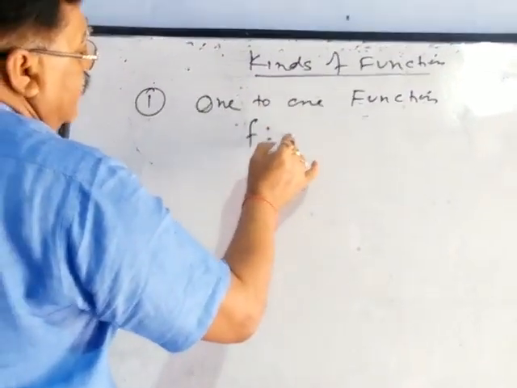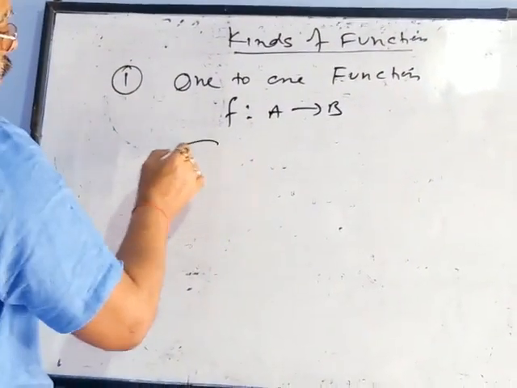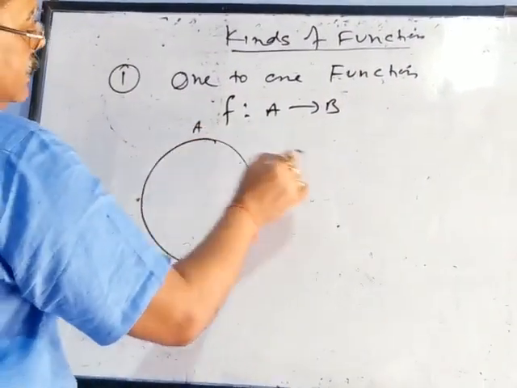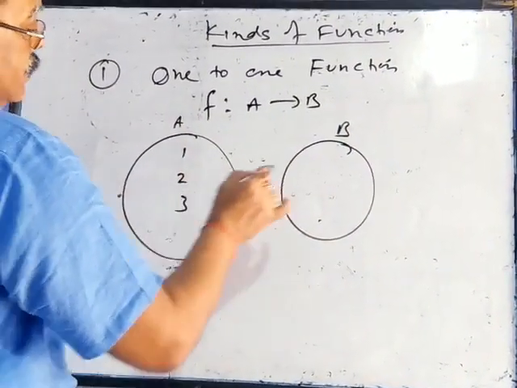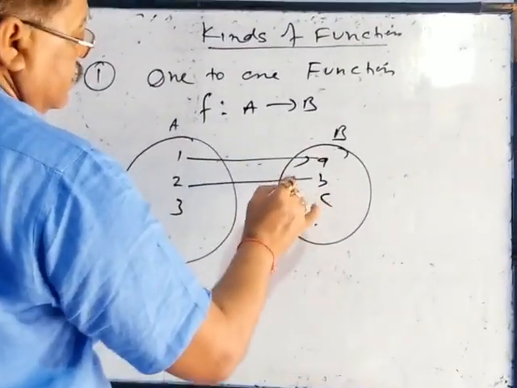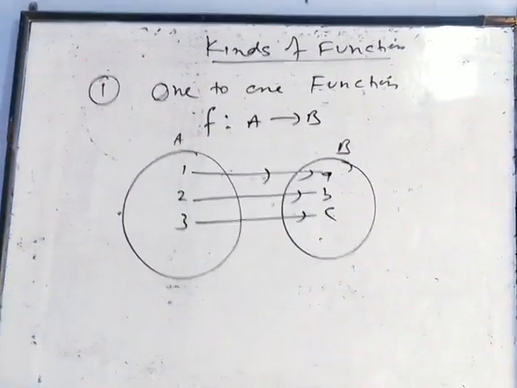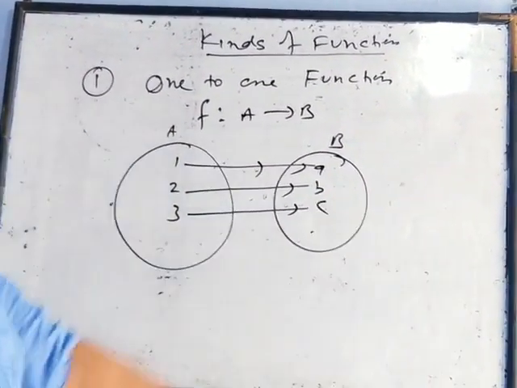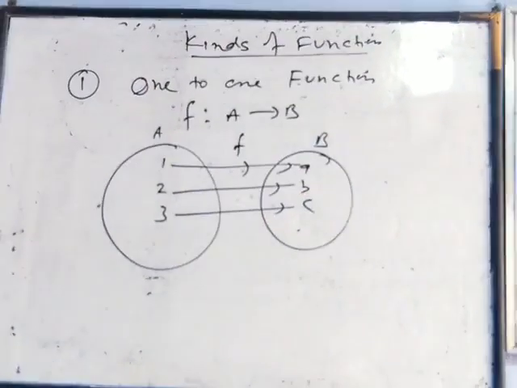If f is a function from A to B, it is said to be one-to-one when, like this, A has 1, 2, 3 and B has A, B, C. It is a one-to-one function. Single elements of domain are associated with single elements of codomain under function f, so it is a one-to-one function.